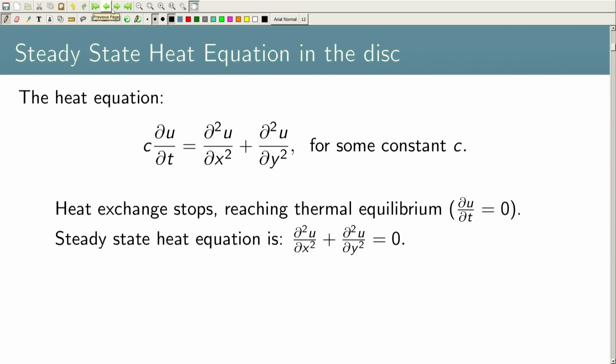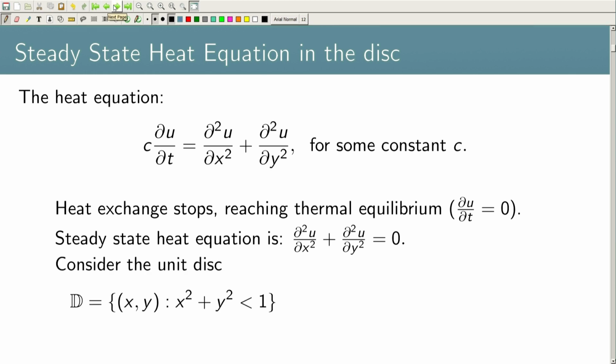Now, let us look at the heat equation on the unit disk, centered at (0, 0) with radius 1, that is, the set of points with distance less than or equal to 1.